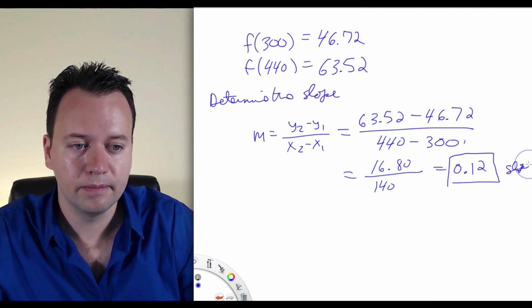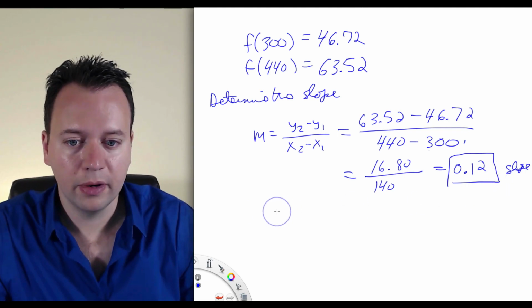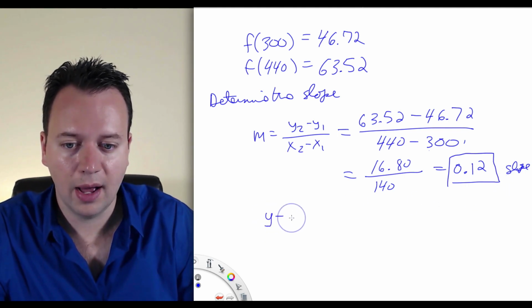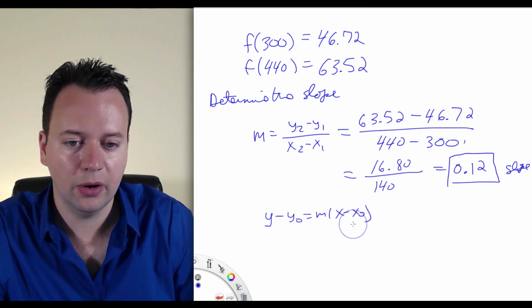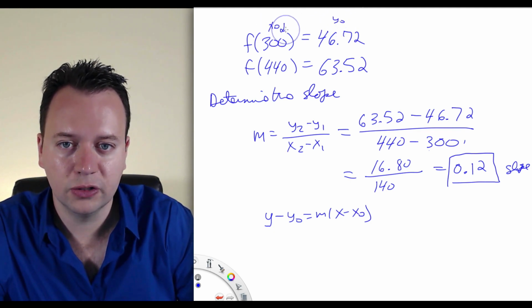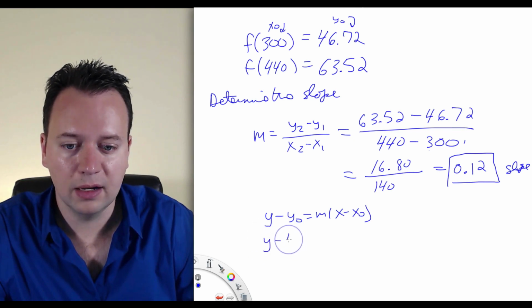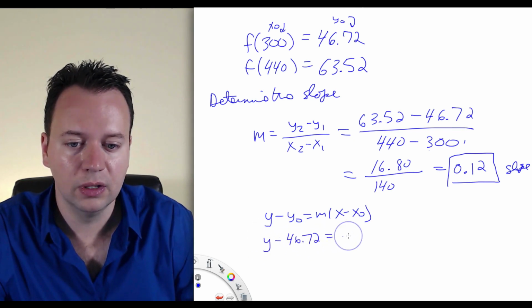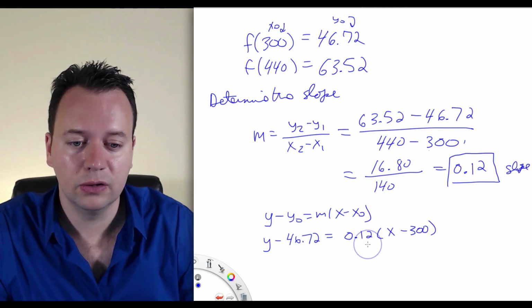So the slope is 0.12. To find the equation, we can now rely on the point-slope form. The point-slope form says y minus y0 is equal to m times x minus x0. And for our x0 and y0, let's just use 300 and 46.72. So y minus 46.72 is equal to 0.12 times x minus 300. Now 300 times 0.12 is going to be 36.